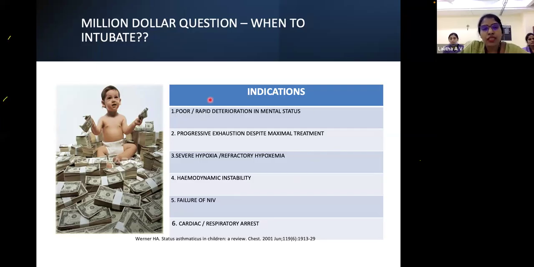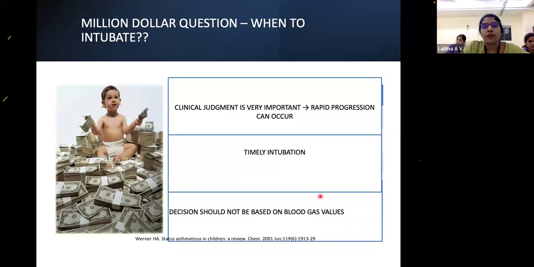In those conditions only will you consider invasive mechanical ventilation. So in bronchial asthma, avoid PPV. As far as possible, non-invasive or HFNC works well, along with your bronchodilator treatment.